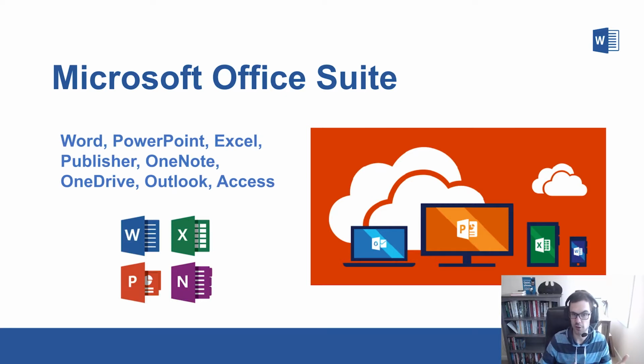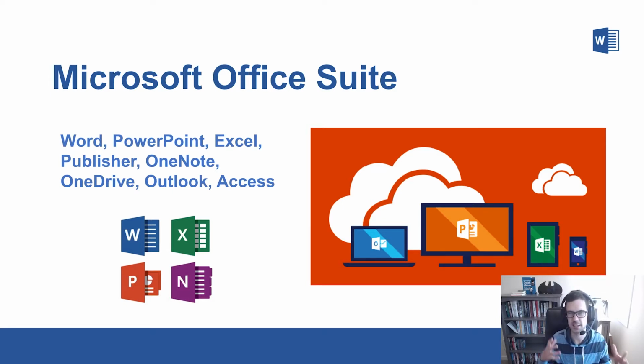So you get Word, which is a word processor used for making documents. You get PowerPoint, which is used as a slide presentation software on screens, sort of the one that I'm actually using now. I'm using slides, I'm using PowerPoint to teach about Word. Excel, which is a data crunching software used to make spreadsheets and things.